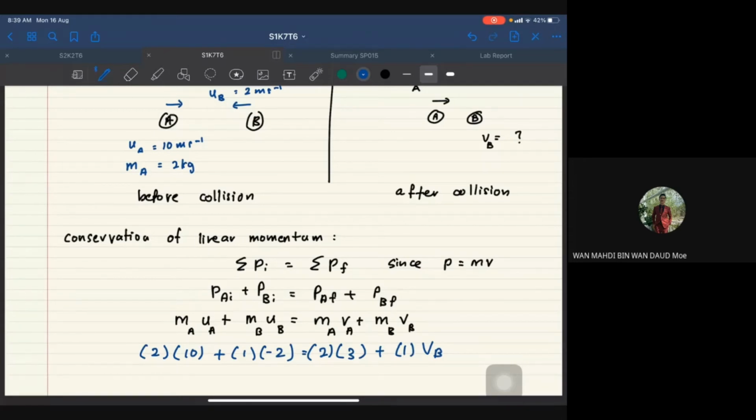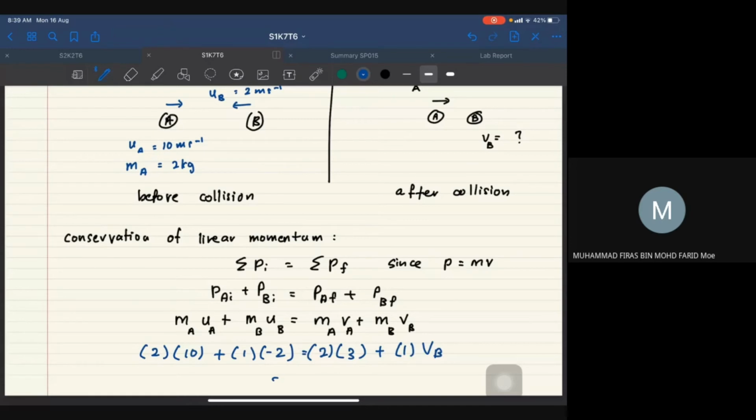Betul kot. Firas? Nampak betul, okay. Okay, cuba kita kira. Kalau kita rasa betul, kita kira. So it will be 10 minus 2, which is 8. And then you minus with 6, you get 2. So VB will be equals to 2.